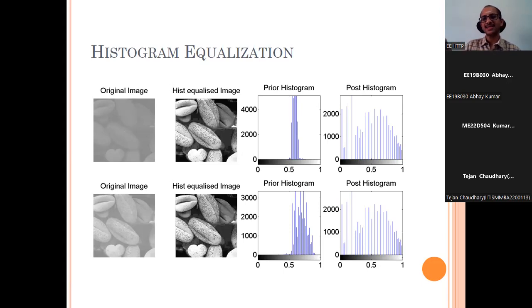Whereas in histogram equalization, we find the histogram and try to map it roughly uniformly on the discrete scale. As you can see here, this is the original histogram, and this is the equalized histogram. If you count the number of pixels in any bin, you can see that they roughly add to the same value.